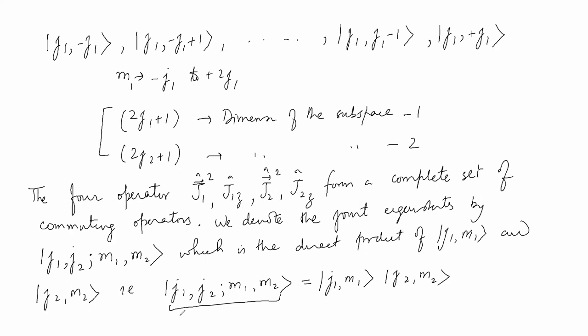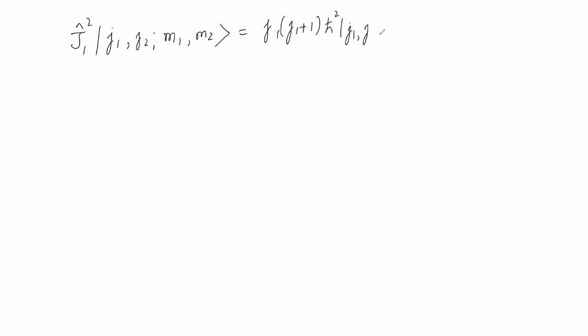You may call them by some equation number, but since my slide will change and you won't have a record of that, you can start with the fact that this is the part which is going to play a very important role. When we operate J1 square on the joint eigenstate |J1, J2, M1, M2⟩, this will give me J1(J1 plus 1) ħ square |J1, J2, M1, M2⟩.